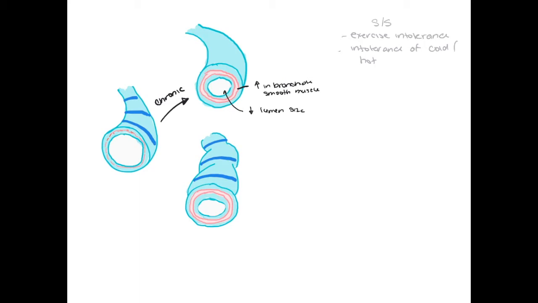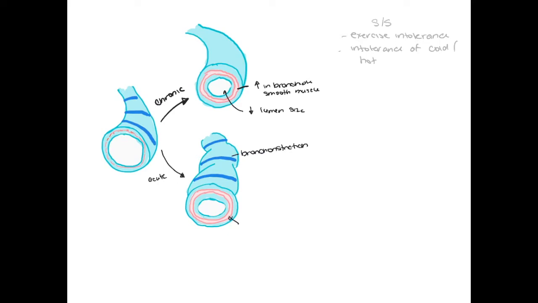If we look at the other airway down here, this is what we're seeing in an acute asthma attack, or this bronchiole is the remodeling that's going to occur during an acute asthma attack. One of the things that we're going to see is bronchoconstriction of the airway.